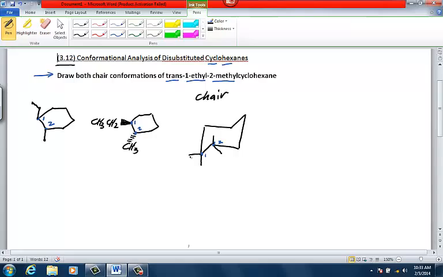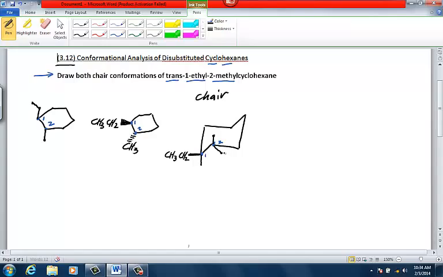So on carbon number 1, it's clear that the axial position is pointing down, and then that makes the equatorial position must be pointing up. So if I put my 2-carbon ethyl group at the higher up equatorial position, then on carbon number 2, it's clear axial is up, so equatorial must be down.